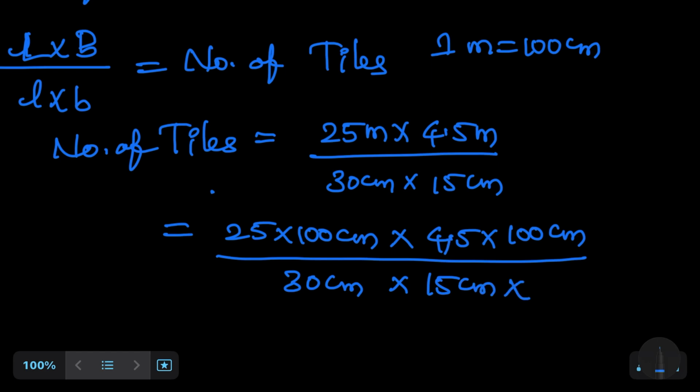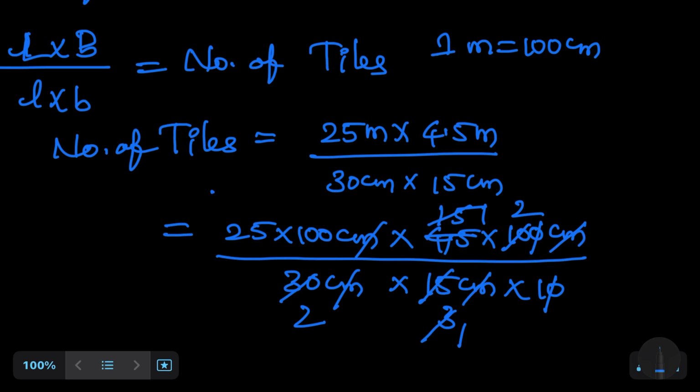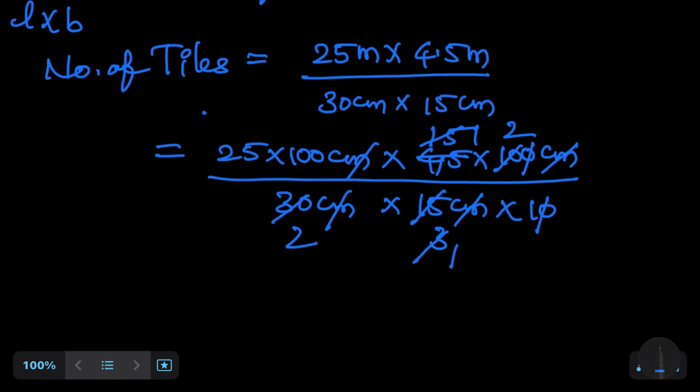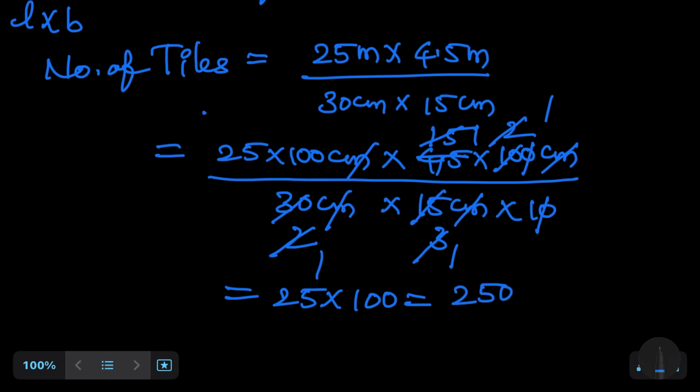This point eliminate, right below 10. 1 0, 1 0 cancel. 5 2s, 5 3s are 15, 15 1s are 15. Centimeter, centimeter cancel. 2 ones are 2, ones are cancelled. 25 into 100 equal to 2500 tiles required to pave the floor.